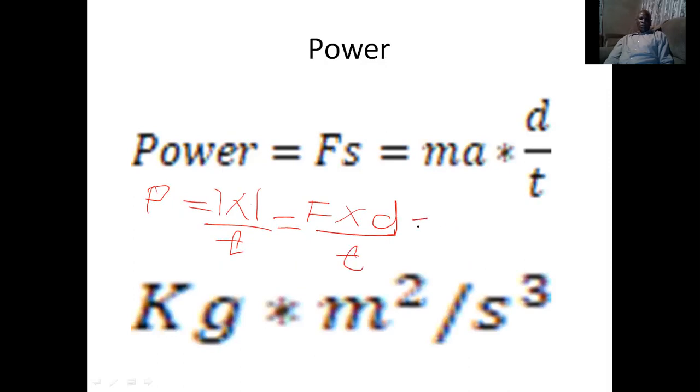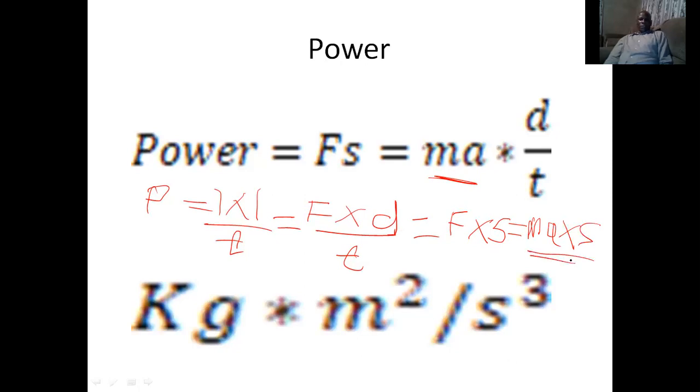So this is equal to force multiplied by distance over time, which is speed. That's where it is here. And so at times, this force can be equal to mass multiplied by acceleration, multiplied by the speed.